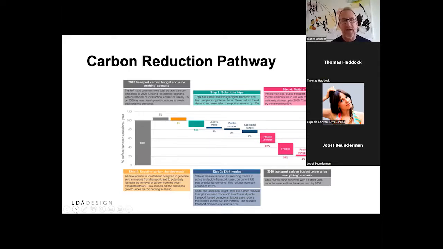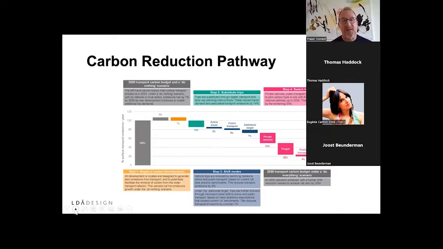But what we found is really all of those 40 interventions that we uncovered and modelled really needed to be done all at the same time in order for us to have any chance of getting from where we are now, which is transport being the biggest emitter, to where it needs to be by 2030, which is effectively an 80% drop. So you can see those reductions in that waterfall graph in front of you. And I'm not going to talk about that today, but I do suggest having a look at the report if you can get hold of it.